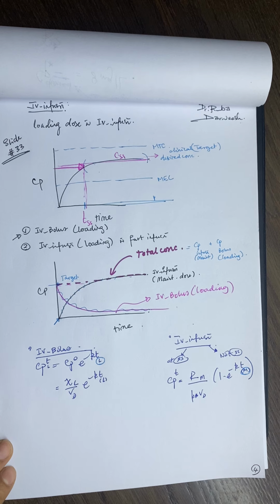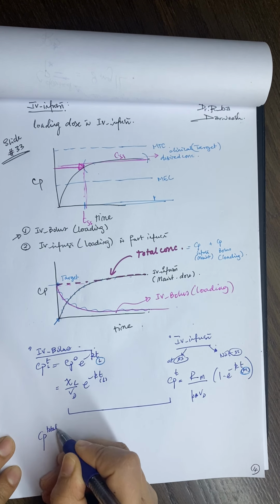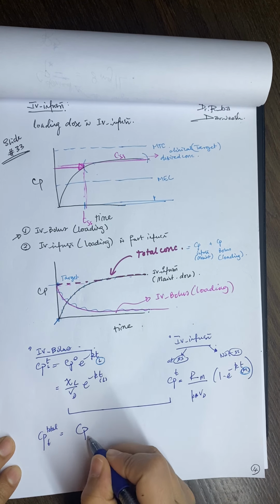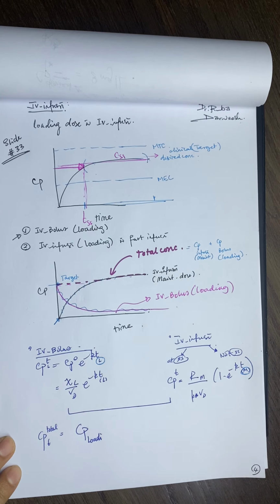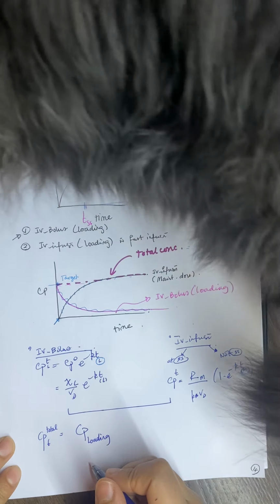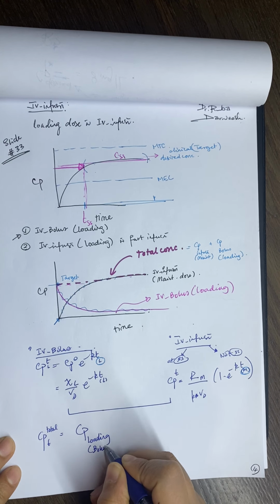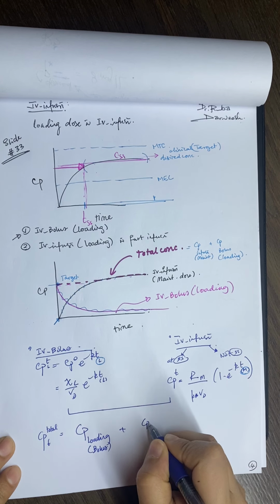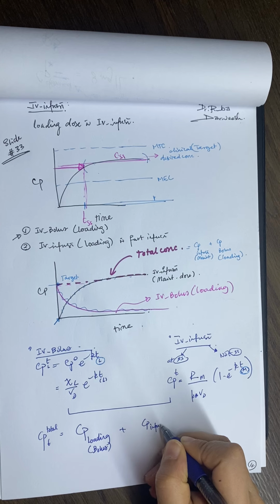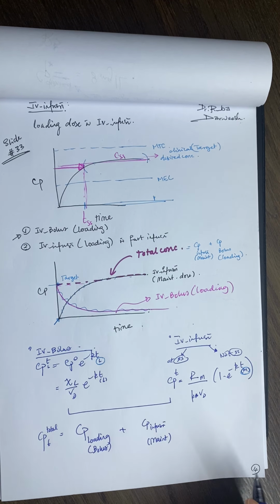Then according to this, CP total at the total time will be equal to CP of loading, which is the bolus, plus CP of infusion, which is maintenance, and you substitute accordingly.